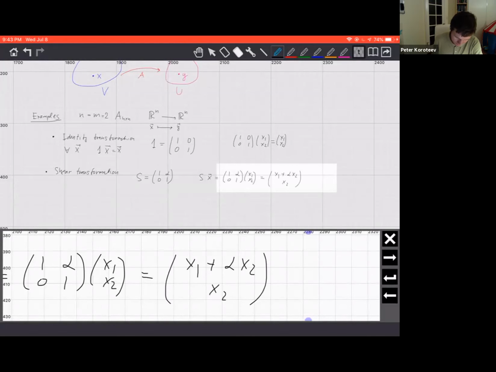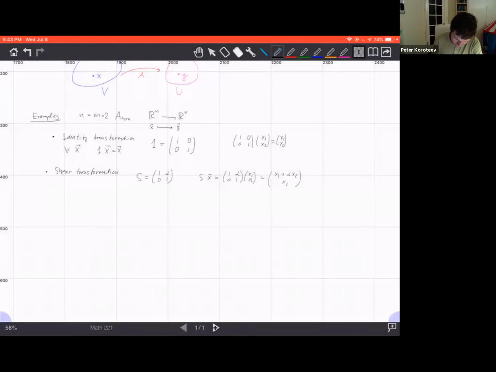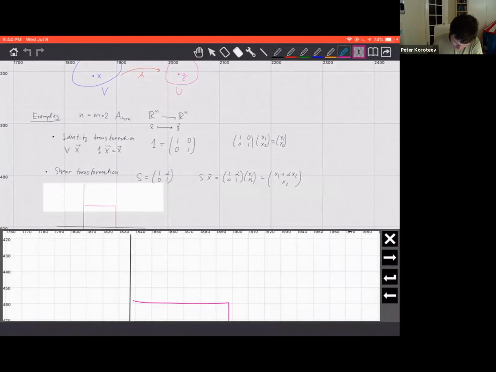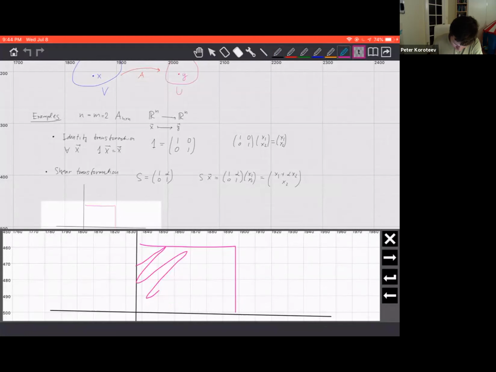So we can draw the picture, we can draw what's going on. Say before we had a rectangle, or like a square, like this in the xy plane.